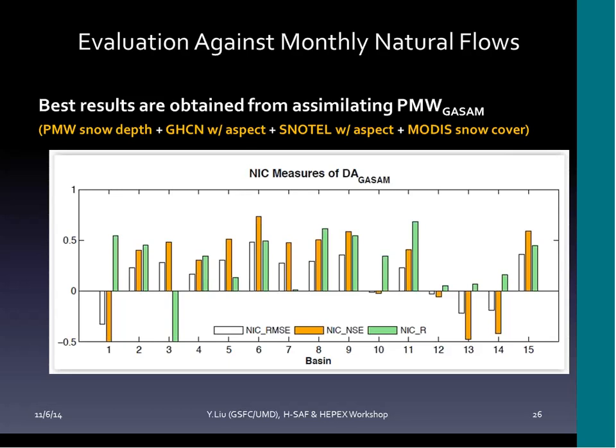Although we got improvement in the correlation, not necessarily in root mean square error. When we go back to look at the station network, we realize that in these basins we don't have many stations available, especially the SNOTEL sites. SNOTEL sites are located in areas where there is snow. So if you don't have SNOTEL data, then the chances are that you're not going to get any improvement.